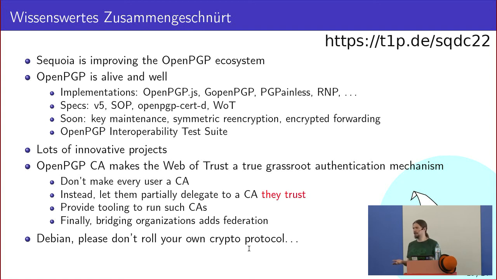We have PGPainless, which is a layer on top of Bouncy Castle. And we have RNP and loads of other more experimental or more specialized implementations. And we have the test suite that all these projects use to improve their implementations and to improve interoperability and align the reasoning about certificates.